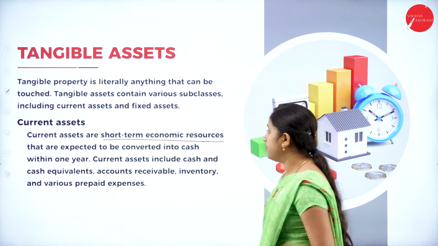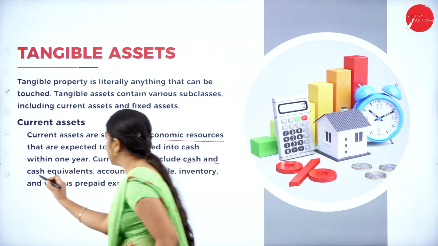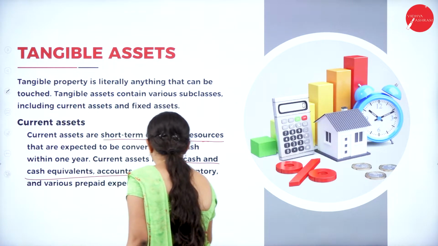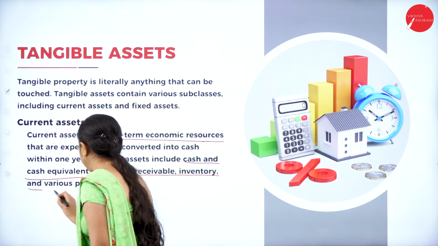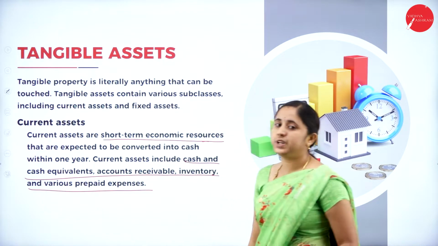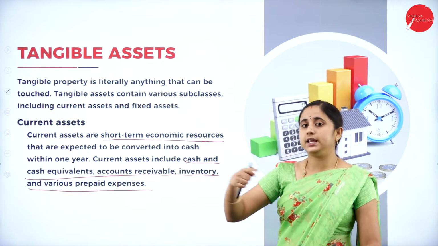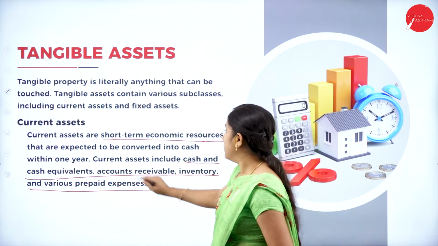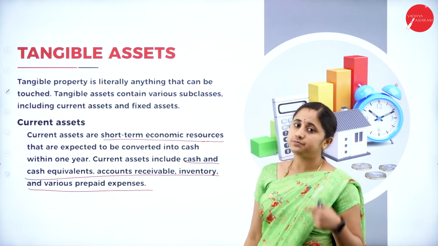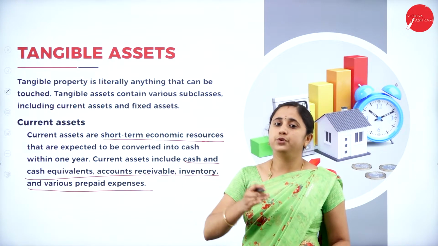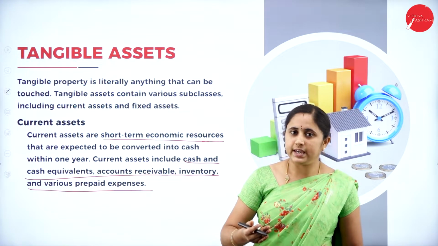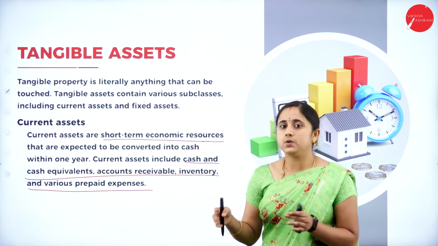Current assets are cash, cash equivalents, accounts receivable, inventory and various prepaid expenses. Cash equivalent is liquid cash, easily convertible into cash. Then accounts receivable, which you are going to receive in the future. When you made sales, you have some accounts receivable.